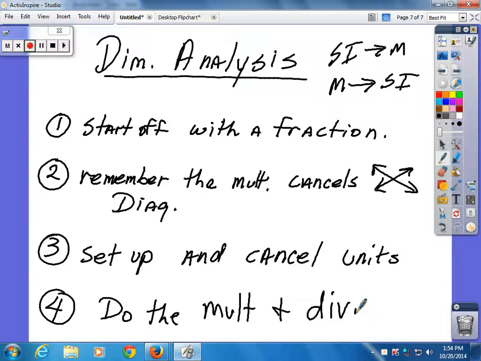So this is how we do unit conversions and dimensional analysis. Now, somewhere in here, you're going to use the table that I gave you on page 465. Somewhere in here, you're going to look at it.